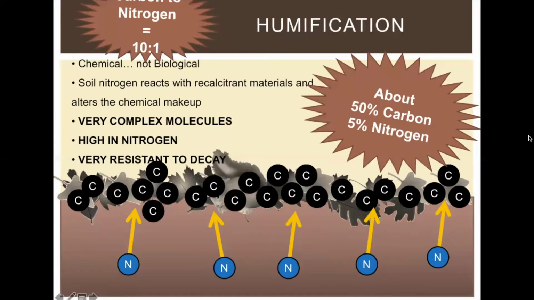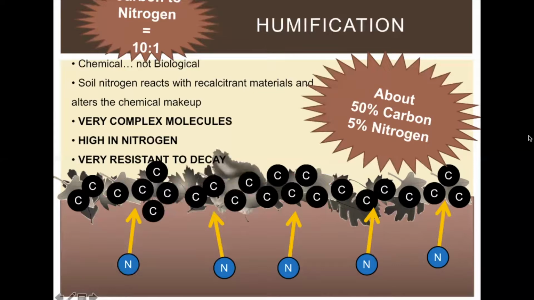When this high nitrogen comes up, the carbon to nitrogen ratio will increase. The carbon to nitrogen ratio is going to come up throughout the semester and is very important to understand. The carbon to nitrogen ratio, or C to N, is a ratio of the mass of carbon to the mass of nitrogen in a substance.